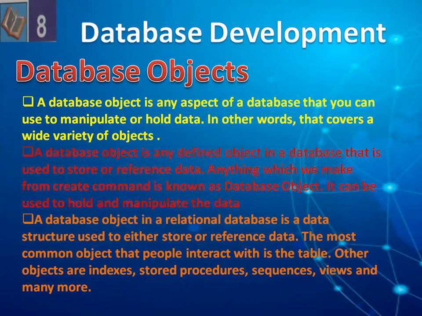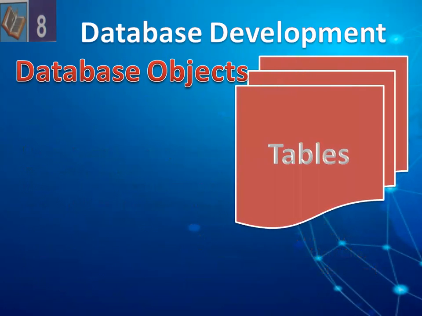A database object in a relational database is a data structure used to either store or reference data. The most common object that people interact with is the table. Other objects are indexes, stored procedures, sequences, views, and many more. Like we have the basic objects like forms, queries.